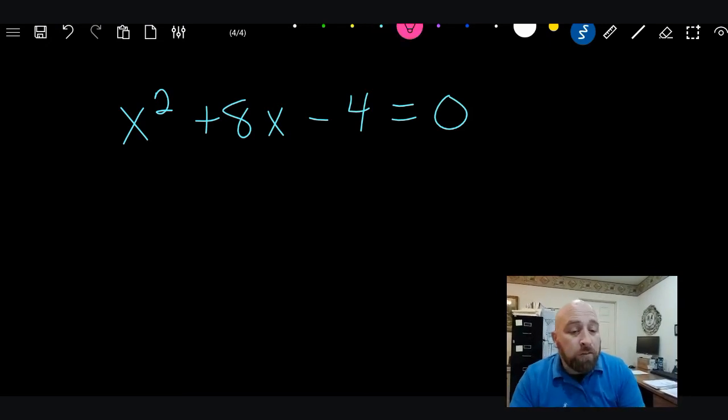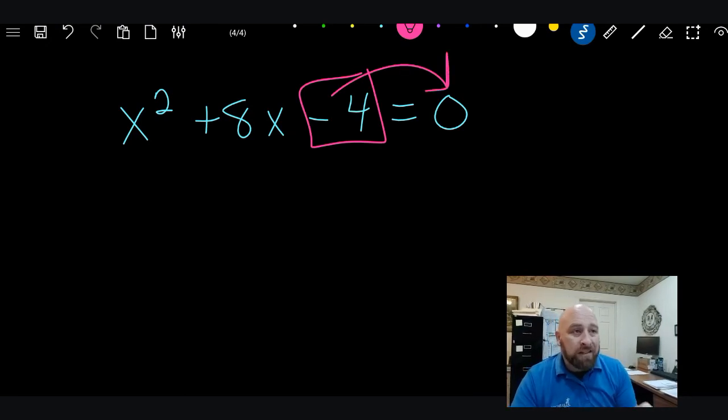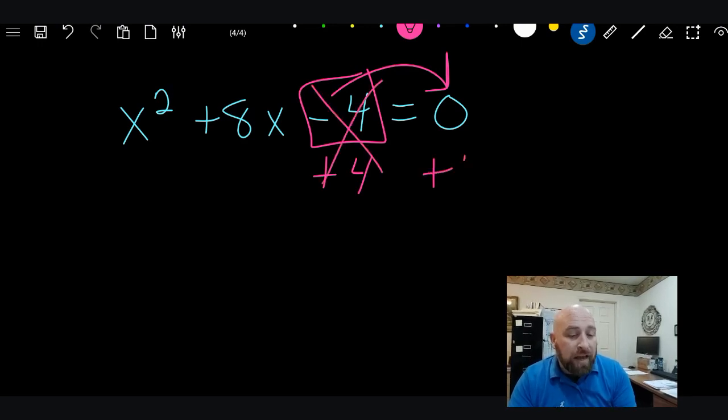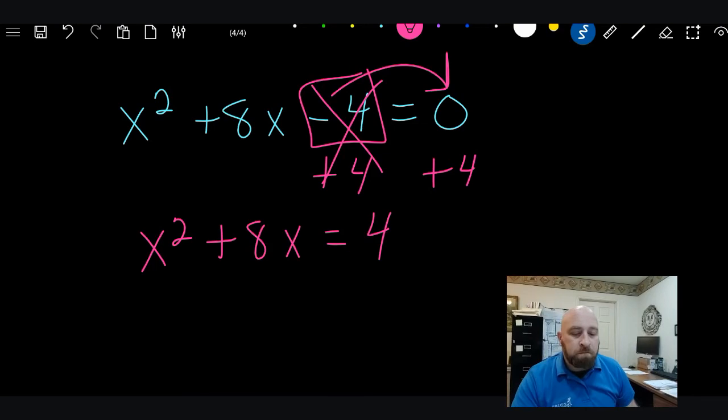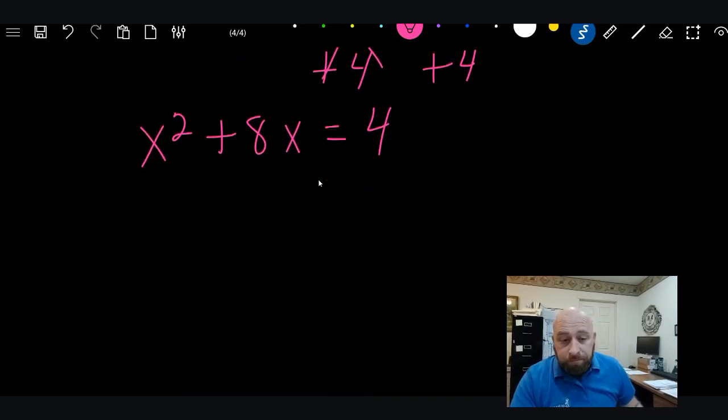So the first thing that we want to do is we want to take this and move it over here. And like I said, it's not always subtracting. In this one, it's adding. So we're going to add 4 because we want to cancel that, and we want to add 4 over here. So our new equation is going to look like this. Okay? And so we've moved the c term to the other side.